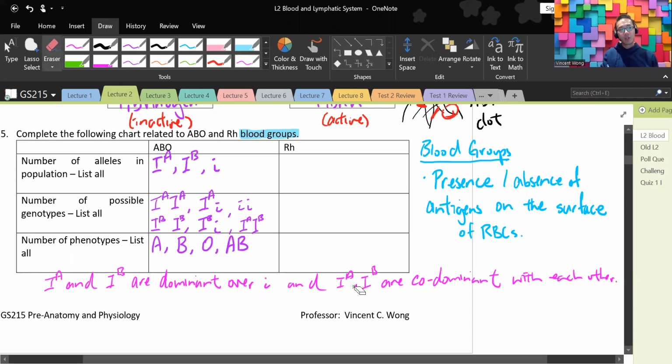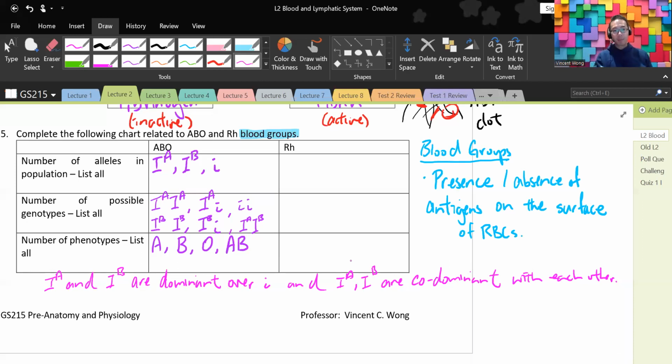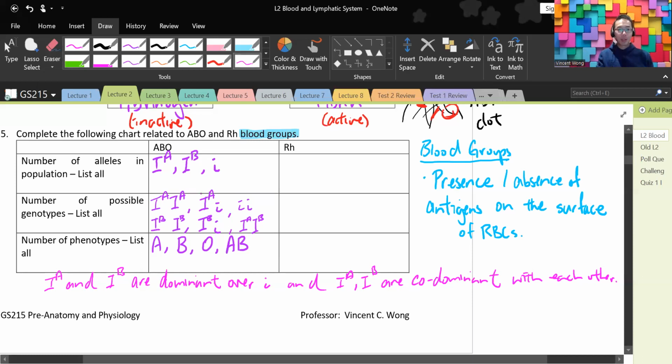Okay, so when you have both, both will show up. When you have them in combination with small I, they will cover it up. So that's why IA small I is still type A blood. Okay, whereas little I will give you type O, right? Little I is the absence of A and absence of B, and as a result, we call you type O. Okay.